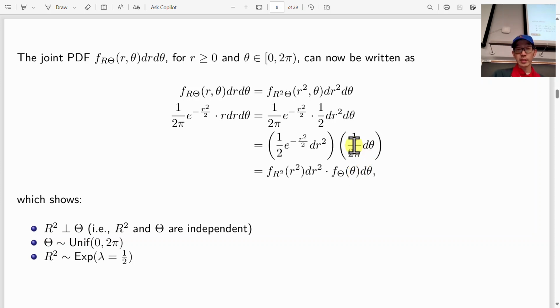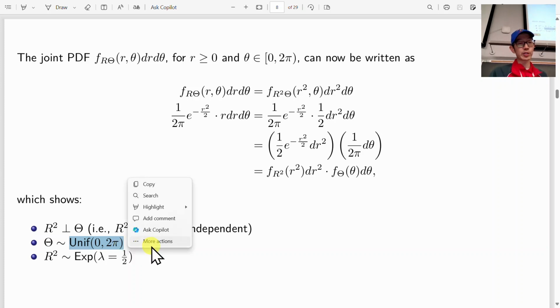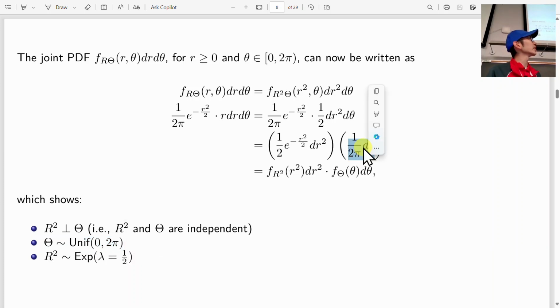This here is the PDF of a uniform variable from 0 to 2 pi. If the PDF is 1 over 2 pi, that's the PDF of a uniform going from 0 to 2 pi.